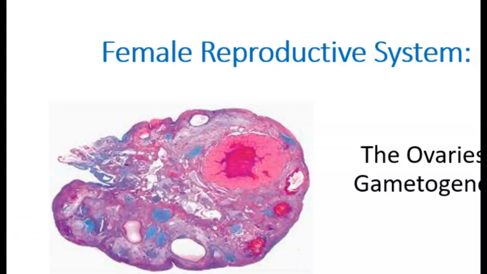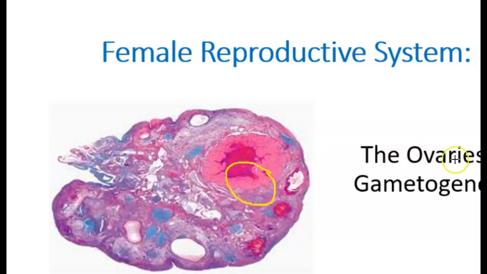So let's first just cover the anatomy of the ovary. The cortex of the ovary, the outer layer, is where gametes are formed. We can see in this picture several stages of gamete or oocyte formation.